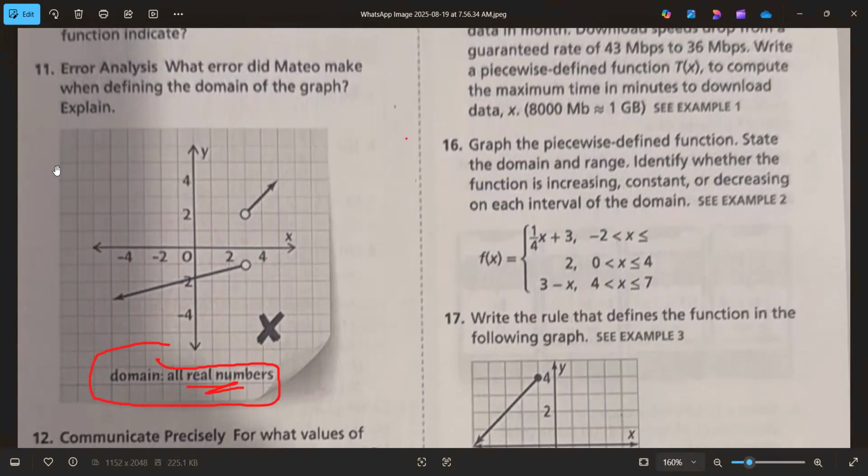Wait, are you saying there'll be a full circle or no full circle? Domain is all real numbers, right? If all real numbers, then it will contain a dark hole. Okay. So you cannot skip this.